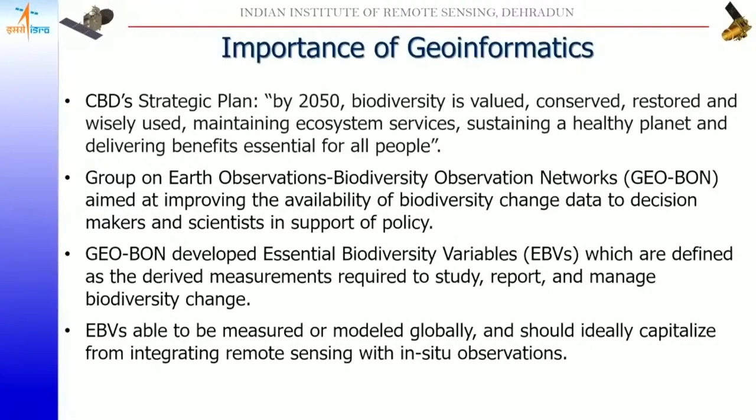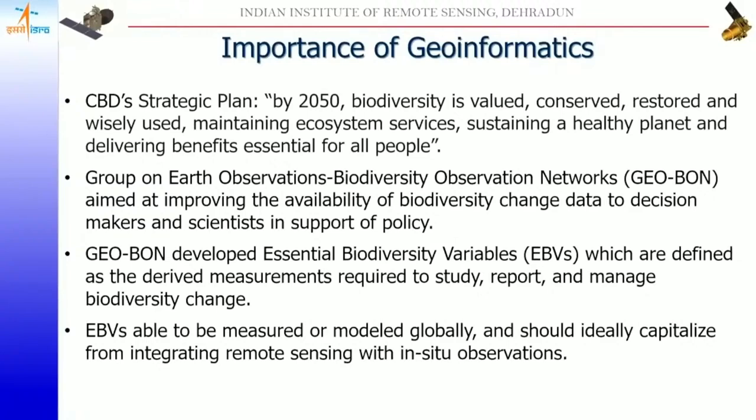If you see, according to the UN Convention on Biological Diversity, by 2050 all the biodiversity is valued, conserved, or restored by mainstreaming ecosystem services and delivering benefit to the people.